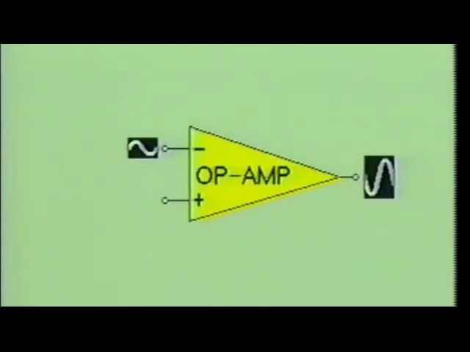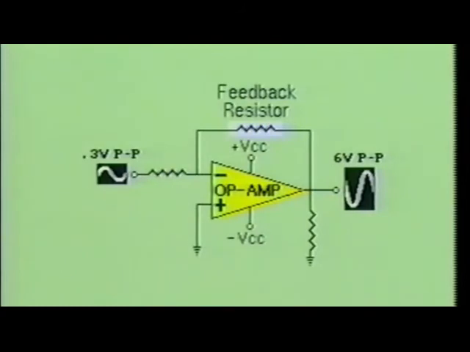The polarity of the signal being applied at the inverting input is reversed at the output of the device. In the same respect, the polarity of the signal being applied at the non-inverting input will remain unchanged at the op-amp's output. The amplification factor, or gain, of the operational amplifier is controlled by the feedback resistor connected between the amplifier's output and the inverting input.